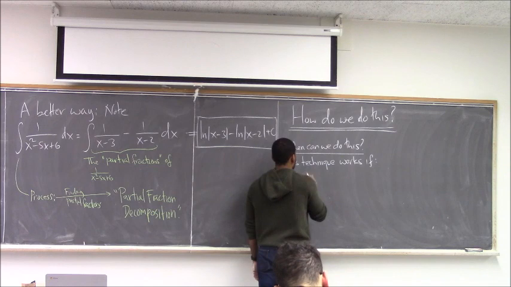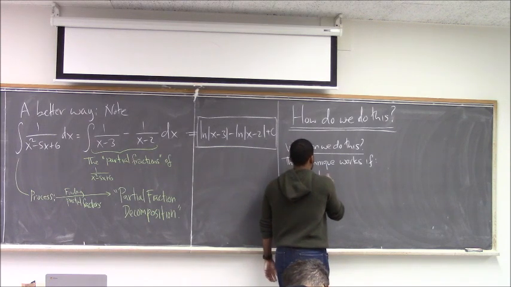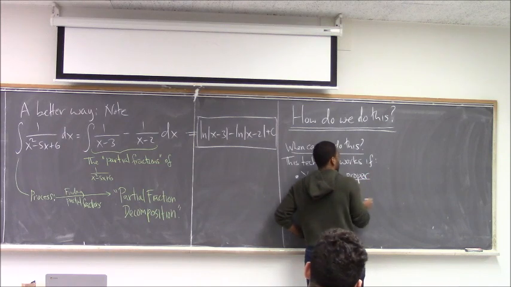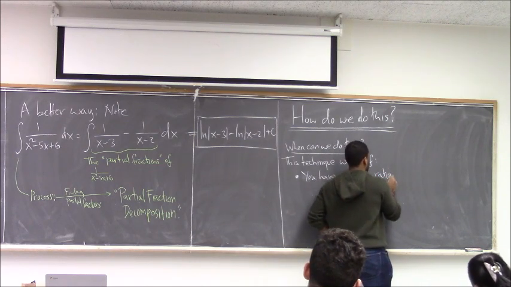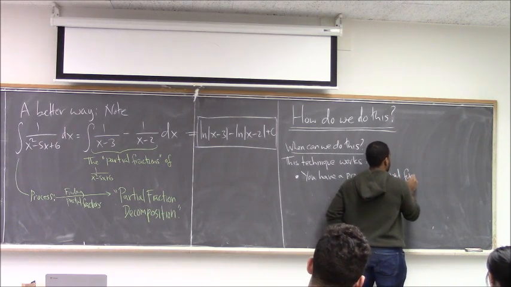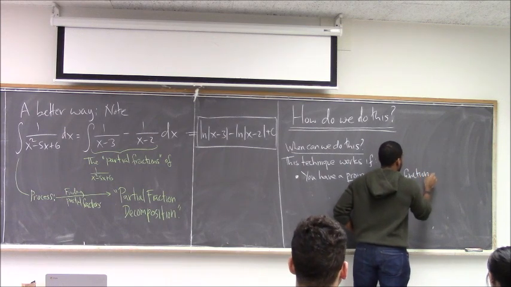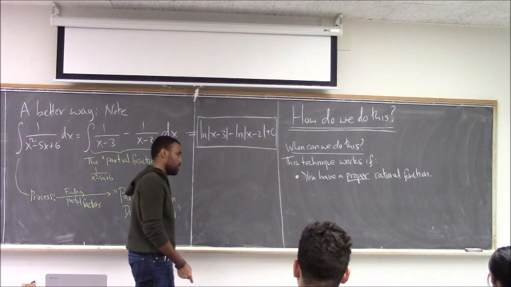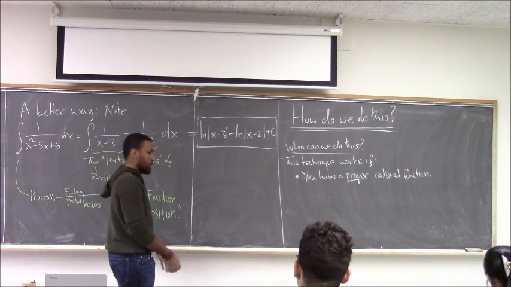you have a proper rational function. Now remember what a rational function is. I mean the technical definition of a rational function, a ratio of two polynomials. You have one polynomial divided by another polynomial.